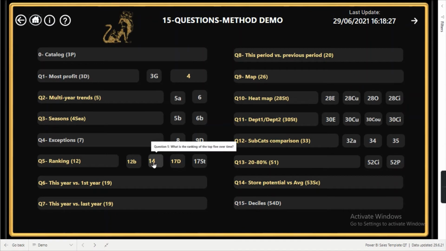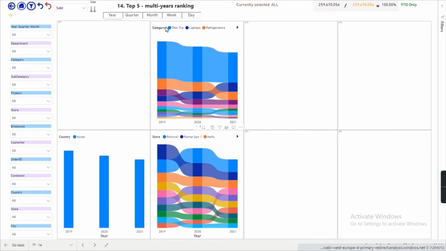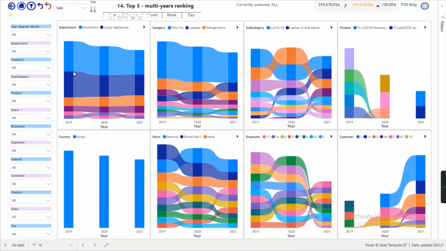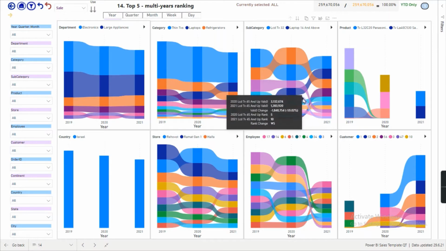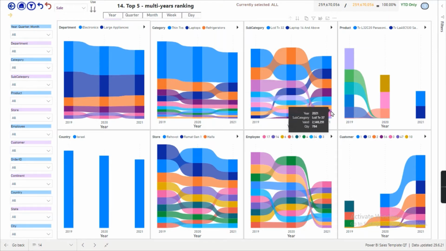Next page on this question, in question 5, page 14. We see here a ranking, a different sort of ranking. Let's see in subcategories, for example, that is moving, not steady as the other. So we can see some subcategories are steady, but others are going down, like this one, purple, that is LCD TV 37, and others are going up, like the dark blue one, that is big laptops.